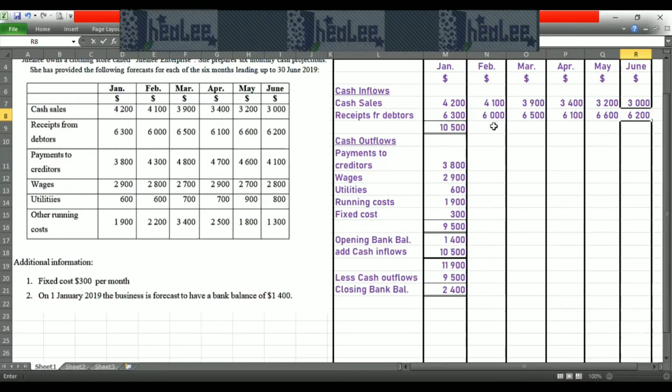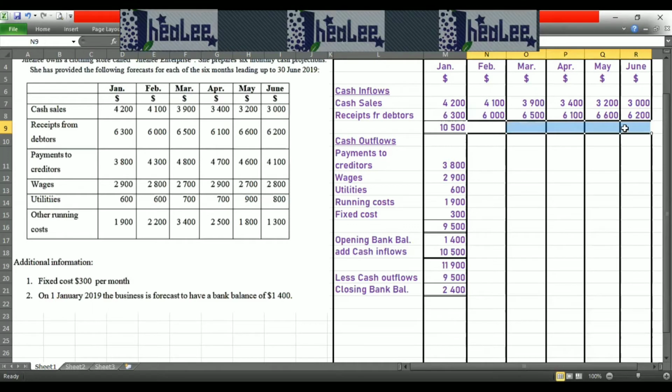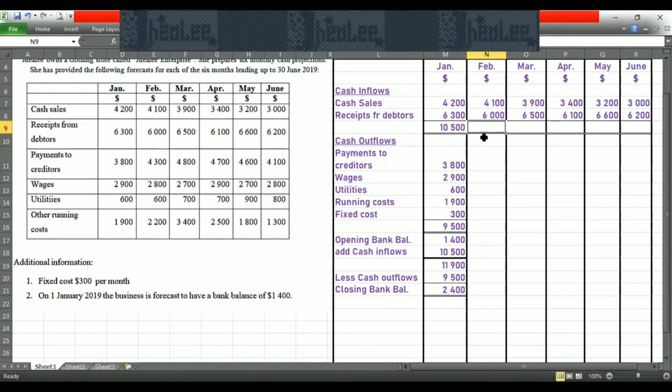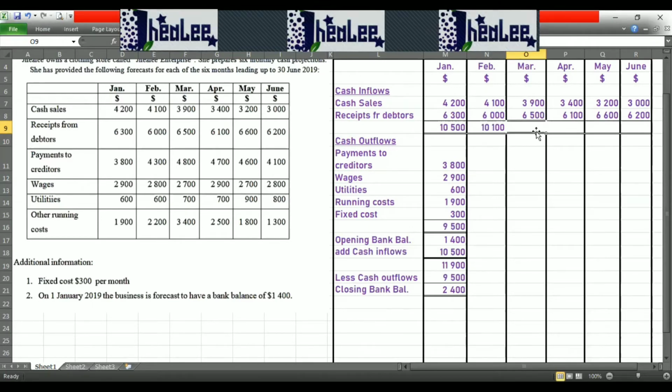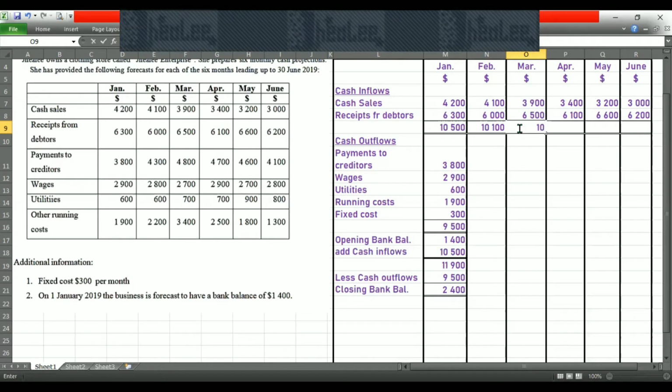Your next step would be to ascertain the total inflows for each month. So for February, that is 4,100 plus 6,000, that would give 10,100. For March, that is 3,900 plus 6,500, and that gives a value of 10,400.